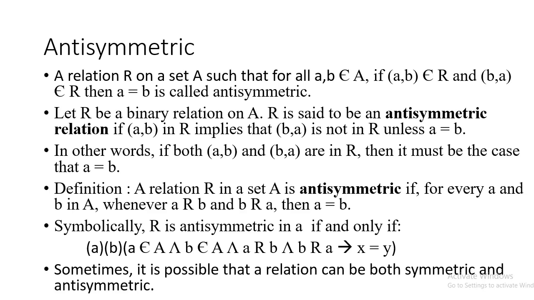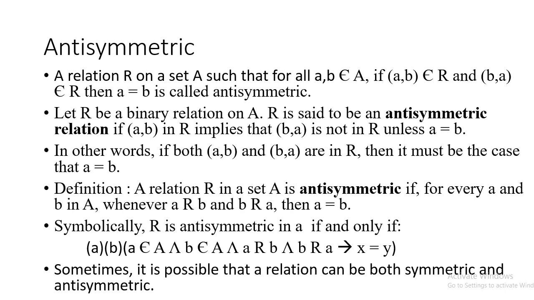That means when the pair (b, a) is included in the relation R, the condition is satisfied that a is equal to b. In other words, if both (a, b) and (b, a) are in the relation R, then it must be the case that a is equal to b.